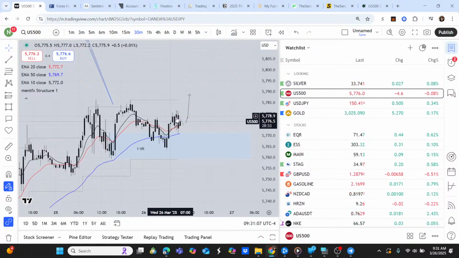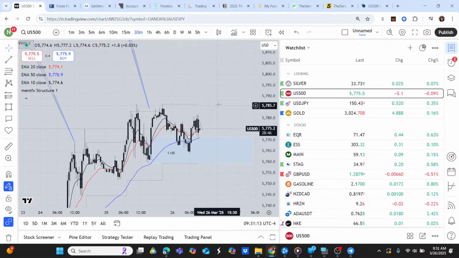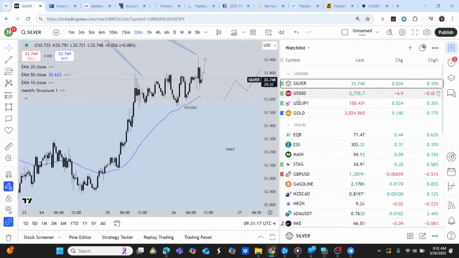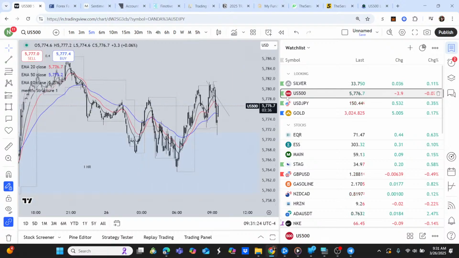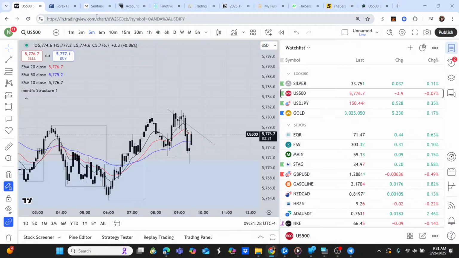I can see a move coming out of this area if it wants to set up. Yeah, this US 500 is looking good. I'm gonna get this ready. You can create a setup right here. I'm gonna look for the opportunity.